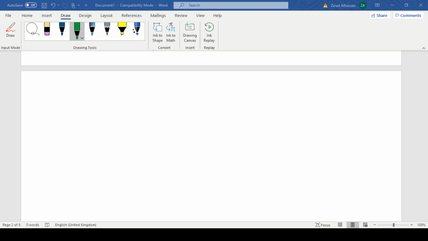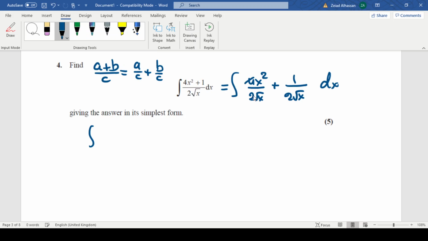We separate the fraction, so integration of x squared divided by 2 x power half, plus 1 over 2 x power half. For the first part, 2 minus half is 1.5. So that's 2 x power 1.5 plus 1 over 2 x power negative half dx.